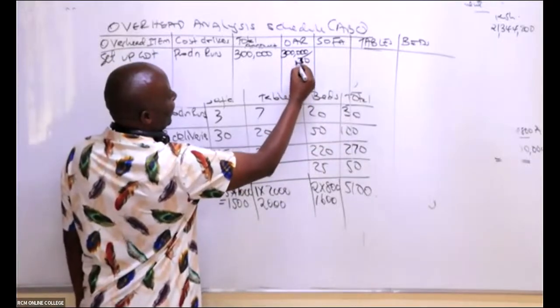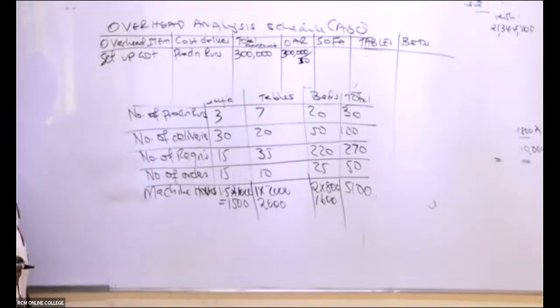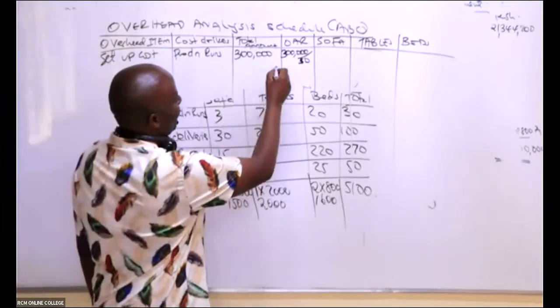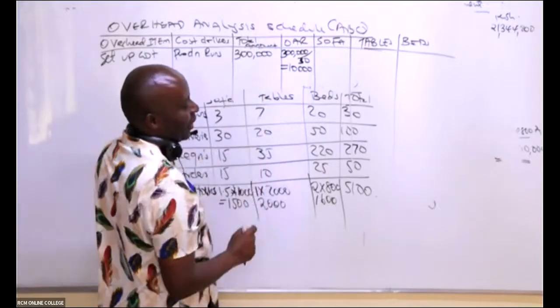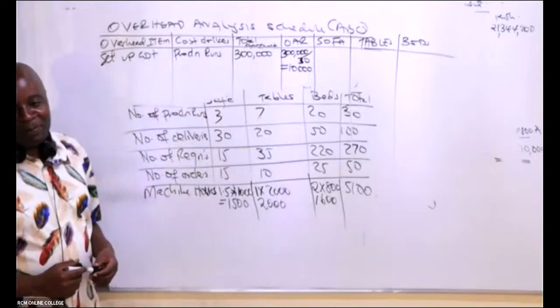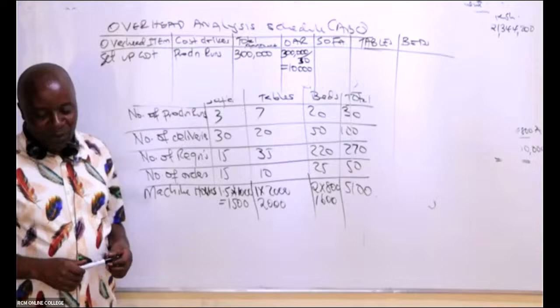Divided by 30. You divide by 30. 10,000. So I'm being given a figure of 10,000 here. So now this is 10,000 per run.